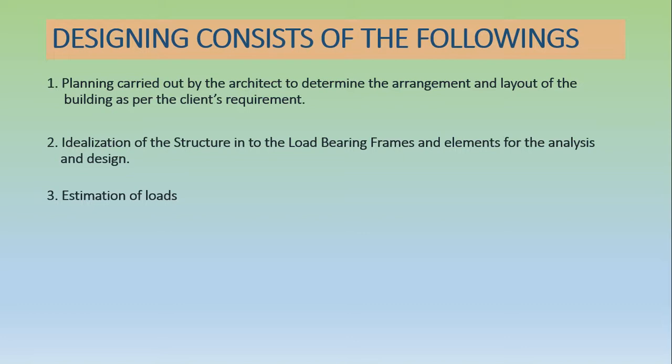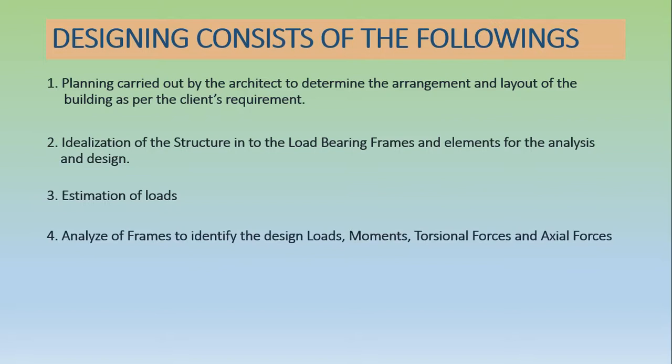Then after that you have to factor the loads. You can calculate separate dead and imposed load, dead plus imposed load, and dead plus imposed load plus wind load. The factored dead plus imposed load is 1.4 dead load plus 1.6 imposed load, and the factored dead, imposed and wind load is 1.2 dead load plus 1.2 imposed load plus 1.2 wind load.